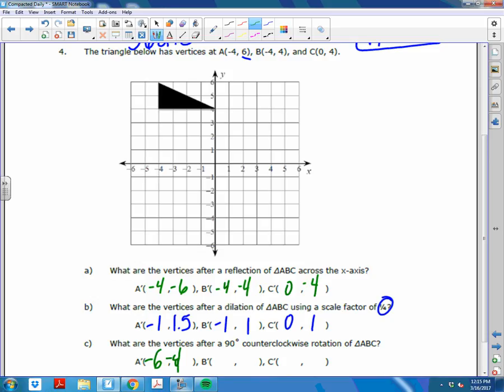B prime, you switch them, so it's 4, -4, so it becomes -4, -4, and C becomes 4, 0, which becomes -4, 0, okay? Any questions on those guys? Remember your rotation rules, please, please, please.